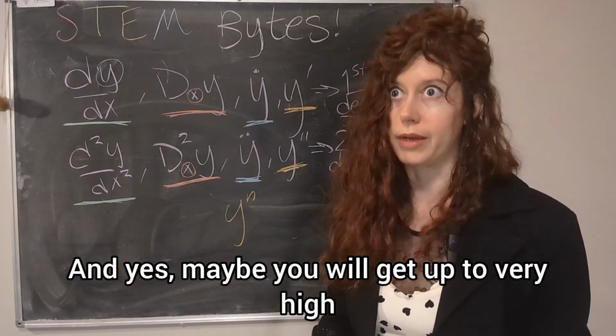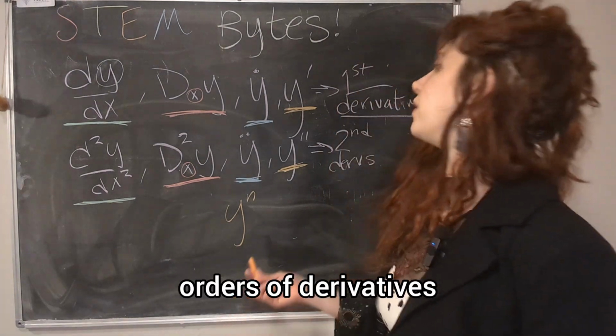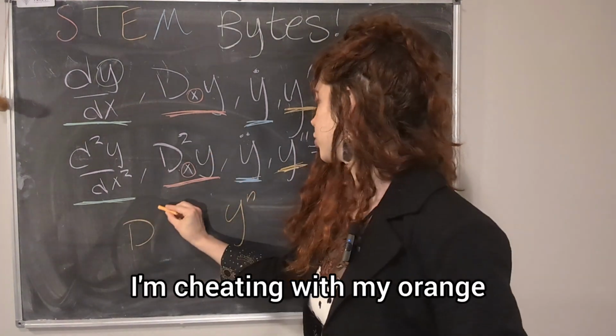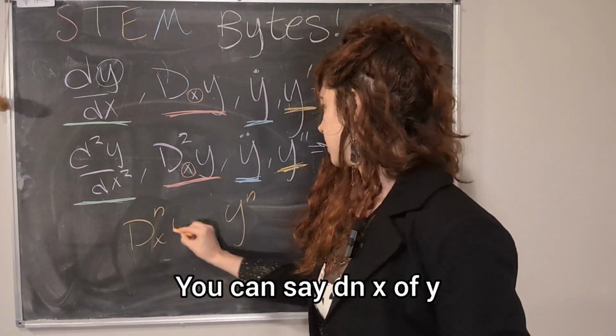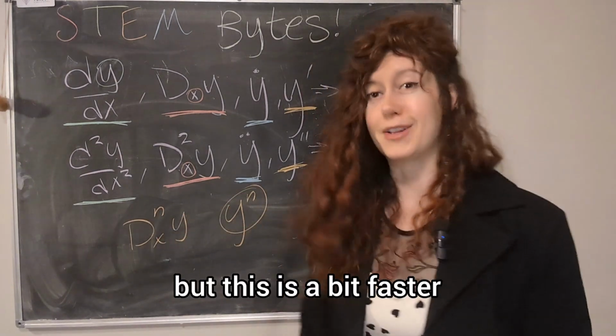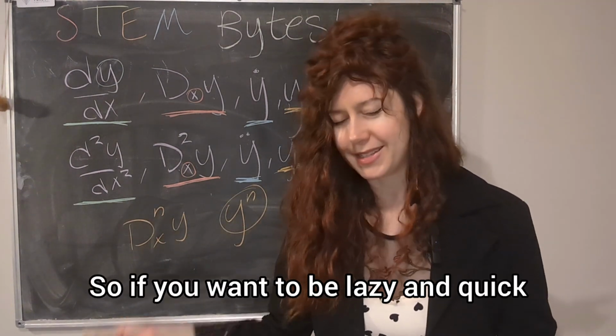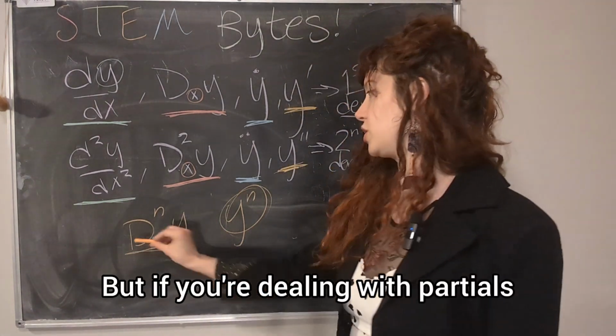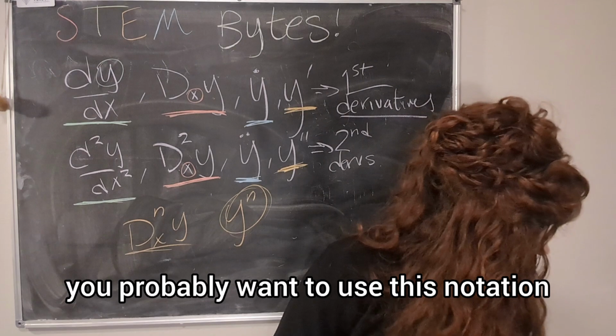And yes, maybe you will get up to very high orders of derivatives. You can do the same with the capital ones. I'm cheating with my orange. You could say d^n x of y, but this is a bit faster. So if you want to be lazy and quick, you can just use this notation. But if you're dealing with partials, you probably want to use this notation.